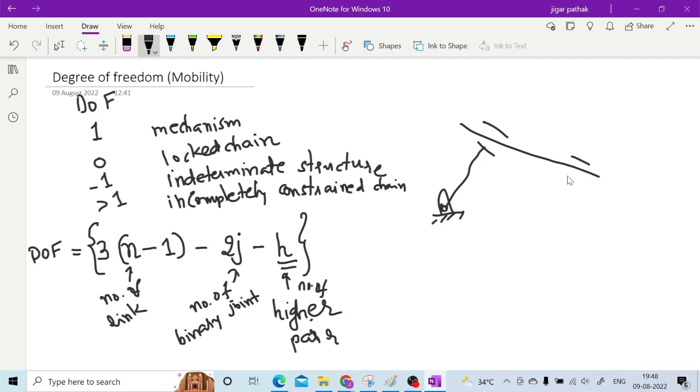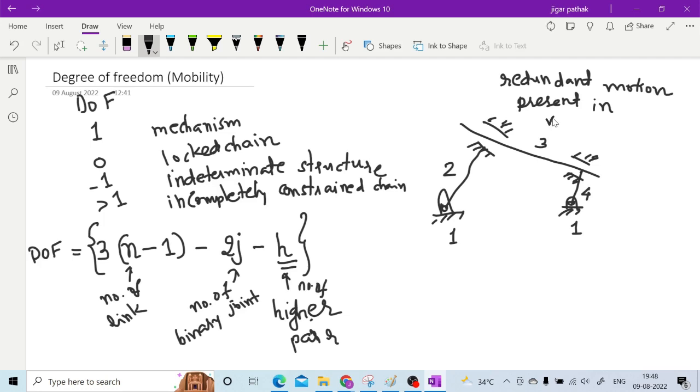Basically this is your first link, the fixed link, this is your link 2, this is your link 3, this is your link 4. What happens in this kind of mechanism is you are having one redundant motion available in your mechanism. Redundant motion present in mechanism.